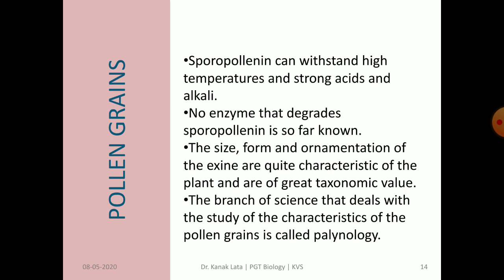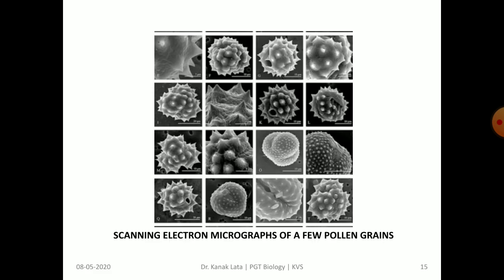The exine differs in size, shape and ornamentation, and due to this it is of great value in taxonomy. For your information, students, the branch of science that deals with the study of pollen grain is called palynology. This figure shows electron microscopic structures of different texture and shape of pollen grain exine.